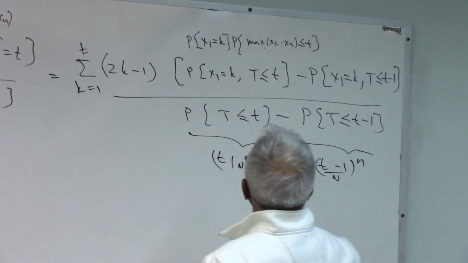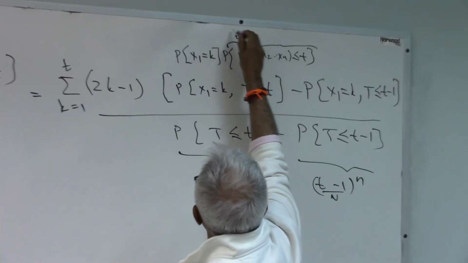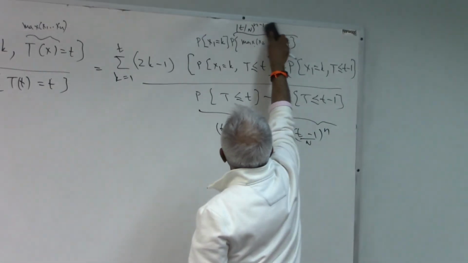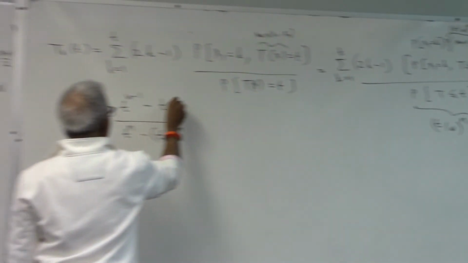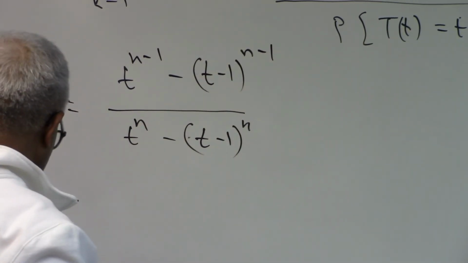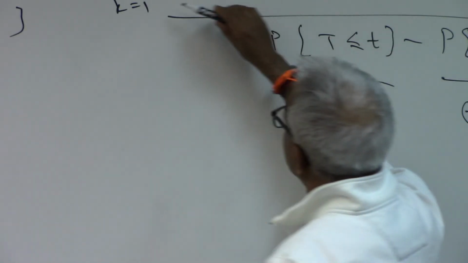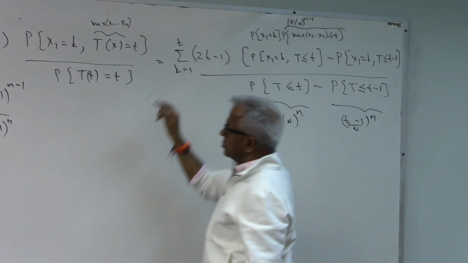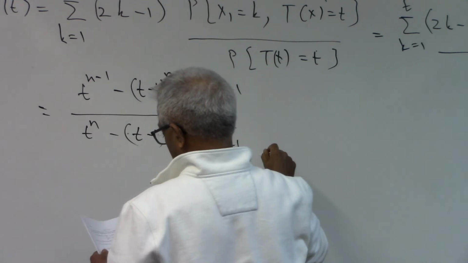Same thing there, but there are only n minus 1 terms, so this probability is (t over n) to the power n minus 1, right? And there will be a similar term here, and that comes outside. I hope you see this one. What I said is true up to t minus 1, so this is true for k equal to 1 through t minus 1.